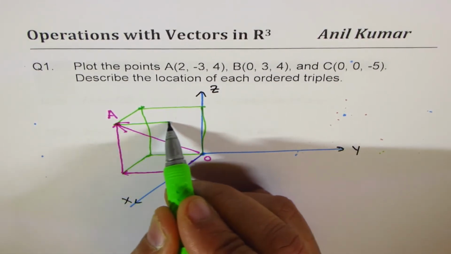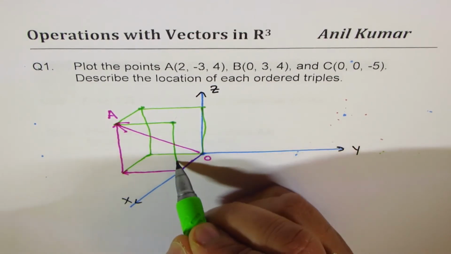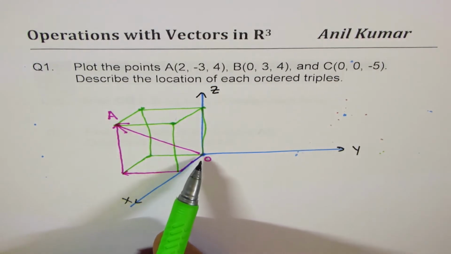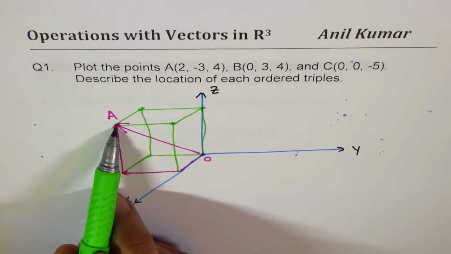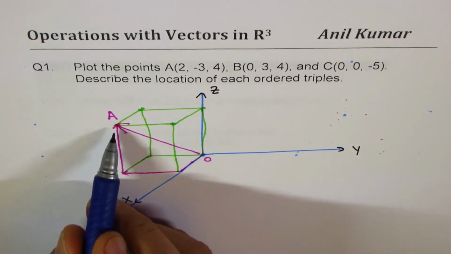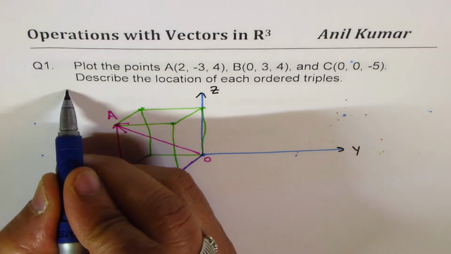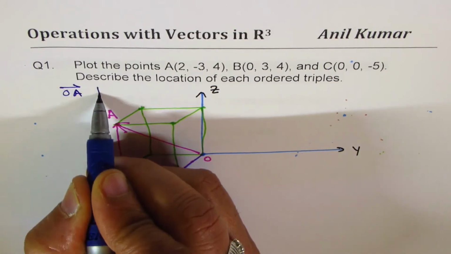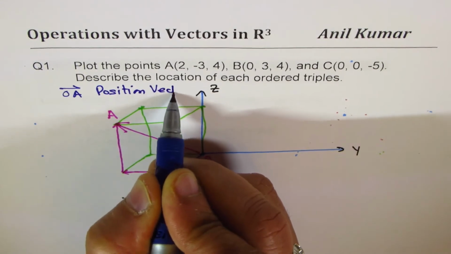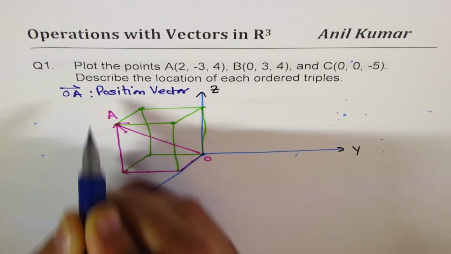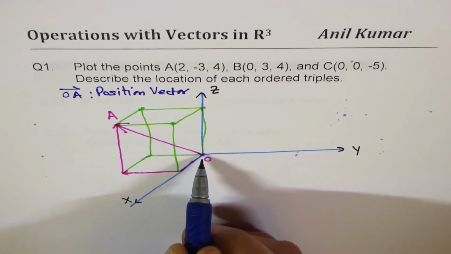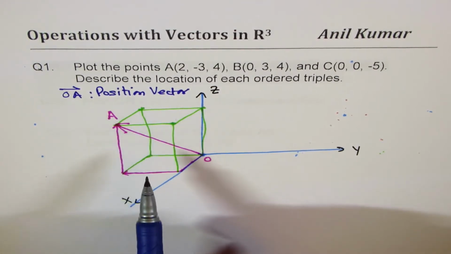What you see here is a box, and in this box, OA represents your vector. If you are representing the vector OA, we say OA is a position vector. Any vector whose tail is at the origin will be treated as a position vector.